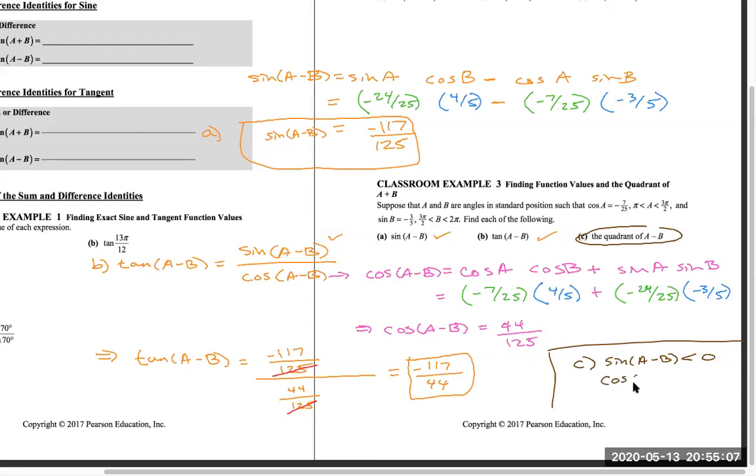And cosine A minus B is positive. These are the quadrants when sine is negative. These are the quadrants when cosine is positive. The overlap happens right here in Q4.